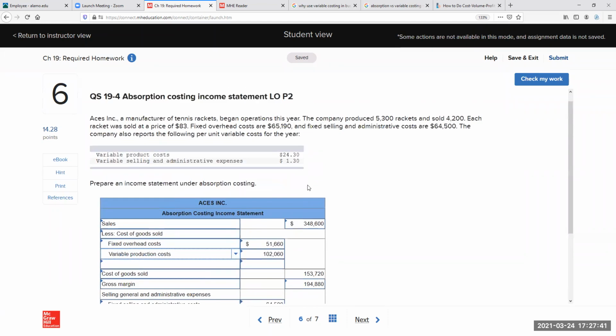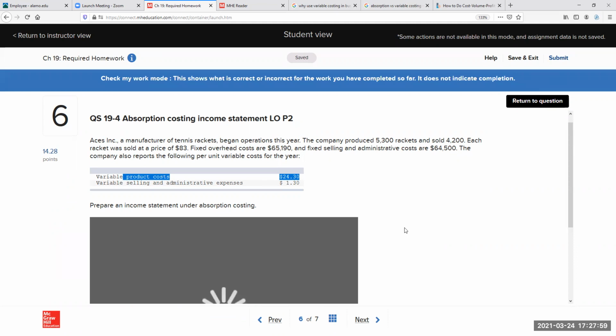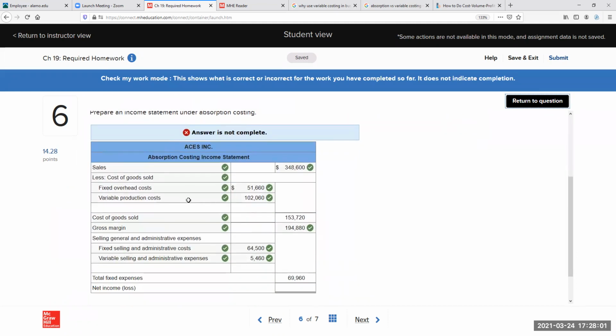Okay. And let's see how it got them. Variable, oh yeah, there it is. Variable product cost. I used the wrong word, 24.30 times the 4,200 sold. Yep. Okay. I used the wrong word. Check my work. So fixed overhead, variable production, fixed selling, variable selling. So that's the difference. And let's go on to the last one.